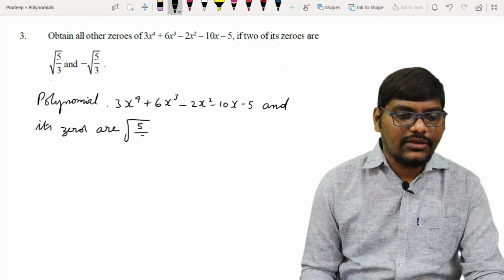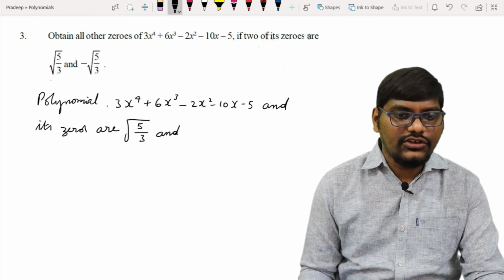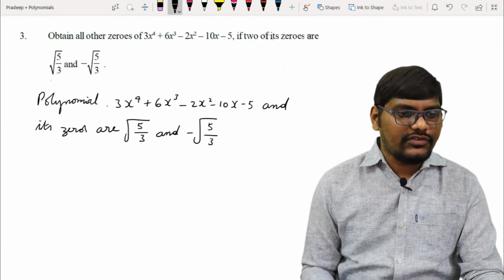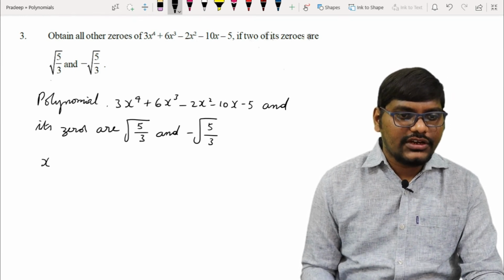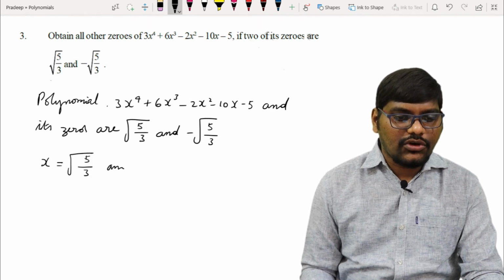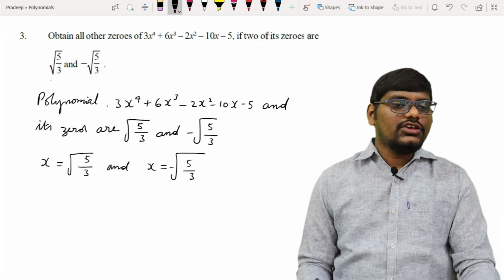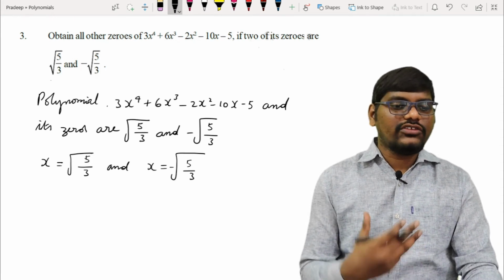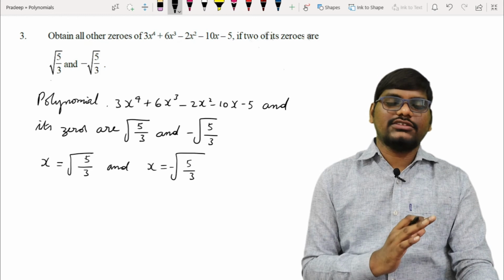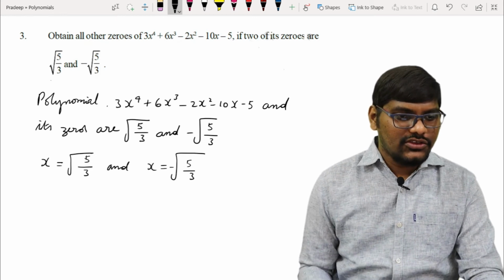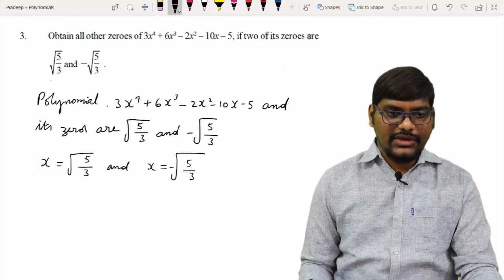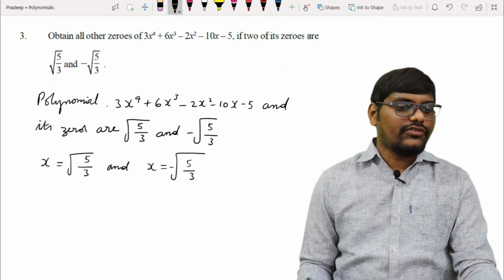Under root 5 by 3 and the second value is minus under root 5 by 3. If we write this with respect to x, x equal to under root 5 by 3 is one factor, and the second is x equal to minus under root 5 by 3, right? I just wrote this in the form of factors for easy understanding. So we got one value root 5 by 3, the other value minus root 5 by 3.